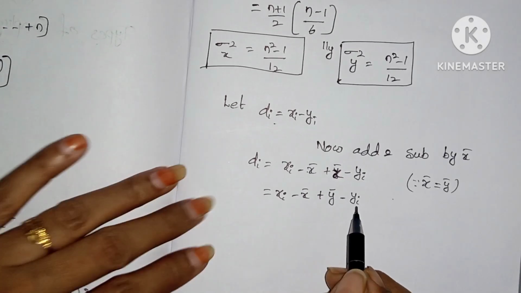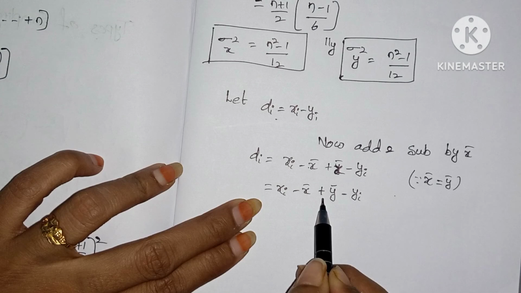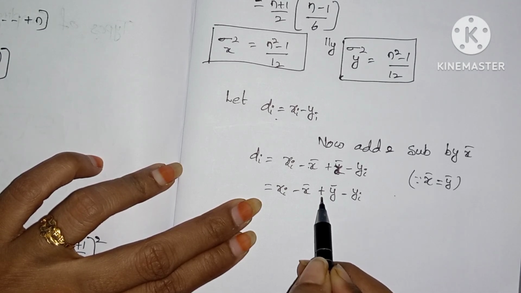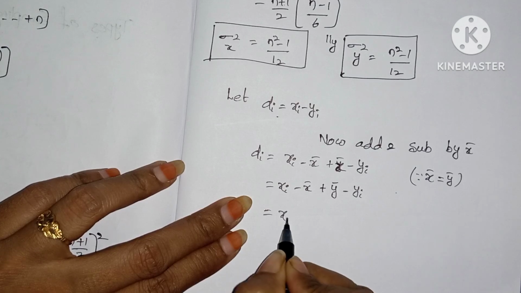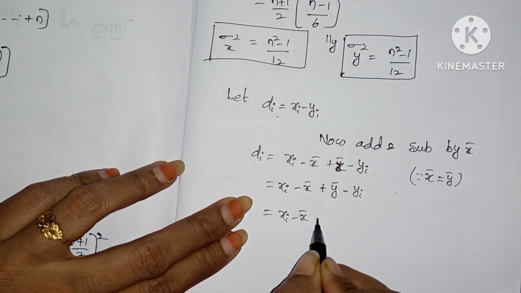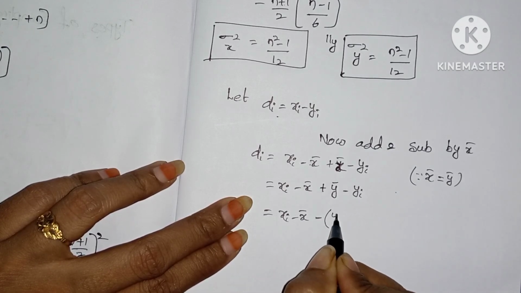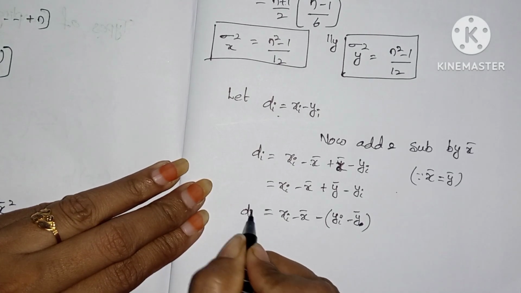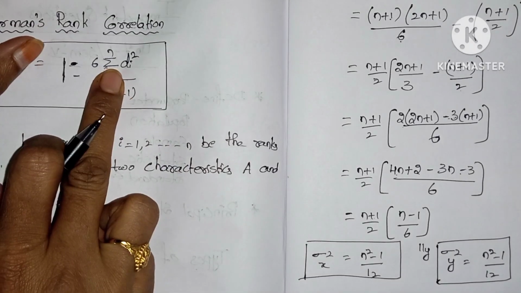So here what we need is yi minus y bar. So that's why we have to take minus common. So xi minus x bar minus common, yi minus y bar. Okay. So now here we have di square.